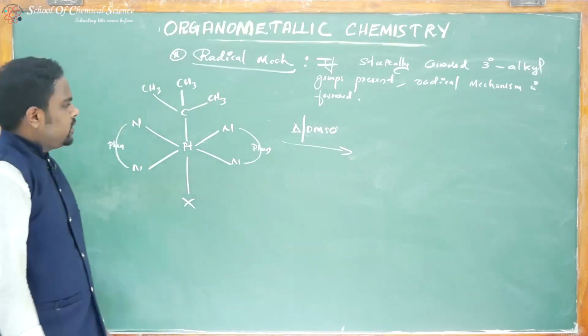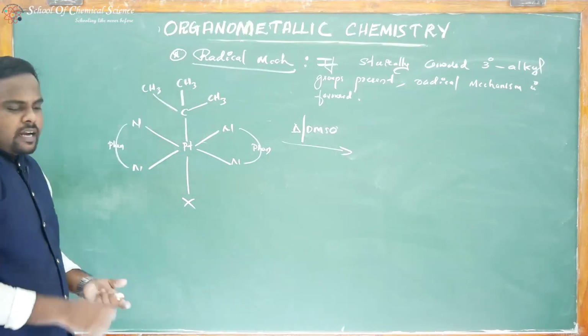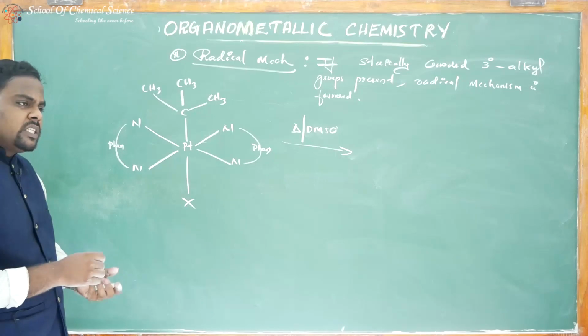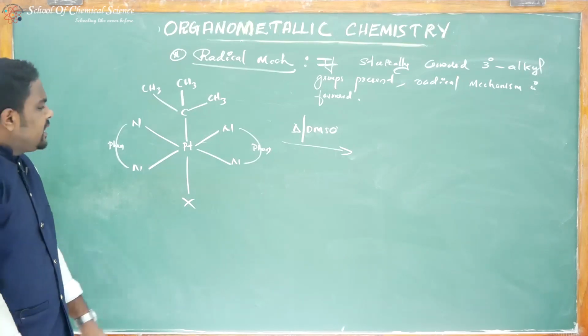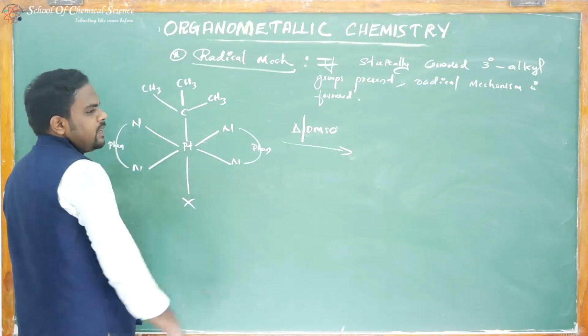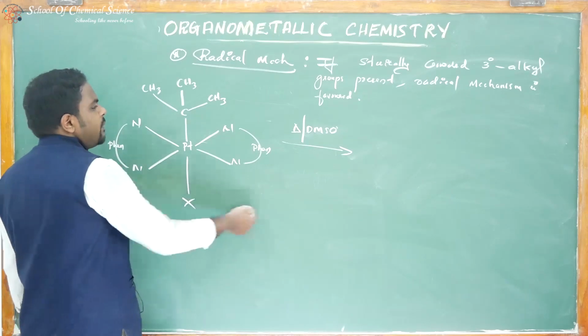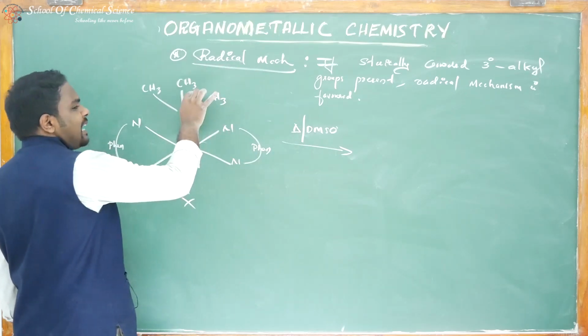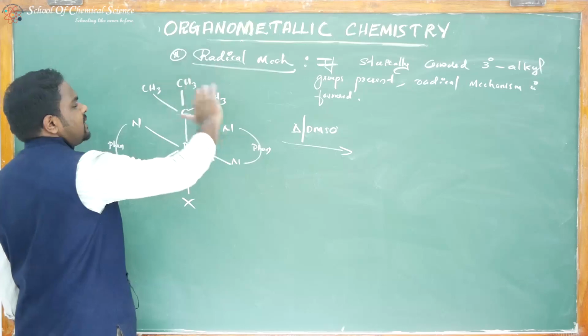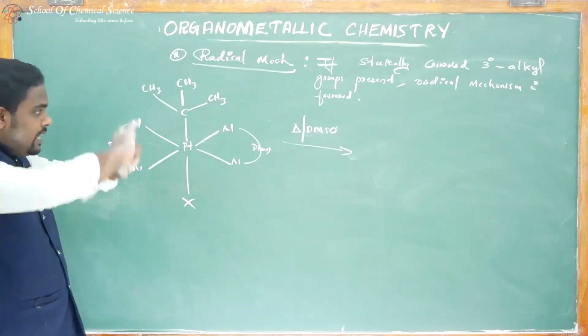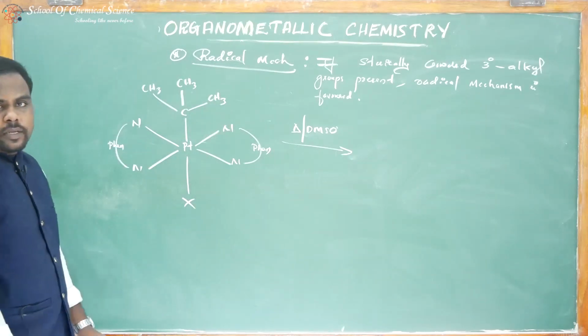What will be the product? Your anionic ligands are trans to each other, so the rate of elimination is very slow. But in the first step, your X minus will be eliminated. Then that X minus will attack on the backside, but the backside is sterically crowded. Three bulky methyl groups are present.